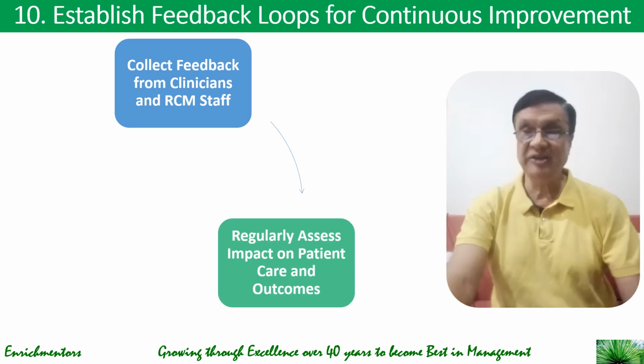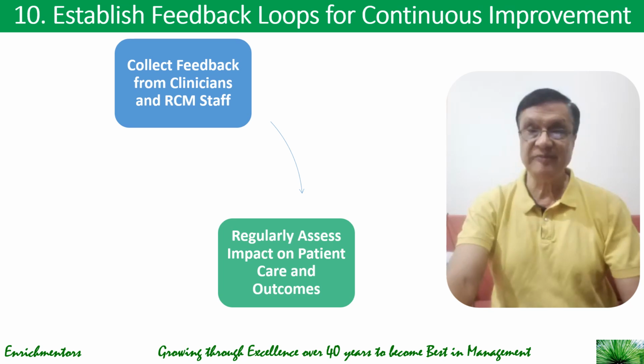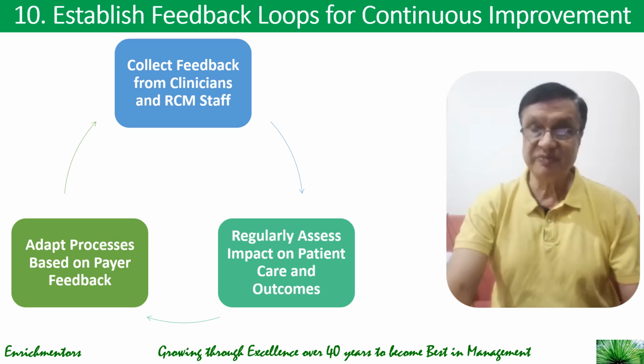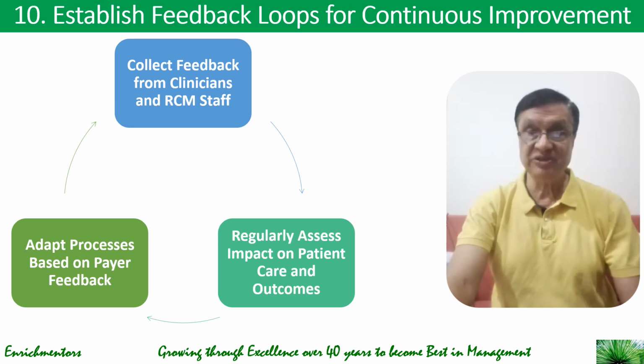There, you need to align performance feedback on patient care with value-based payment requirements to ensure efforts benefit patient satisfaction and outcome, because that's the ultimate objective, right? And adapt processes based on payer feedback by leveraging payer feedback on claims and compliance, adjust billing and documentation processes, and improve reimbursement consistently.